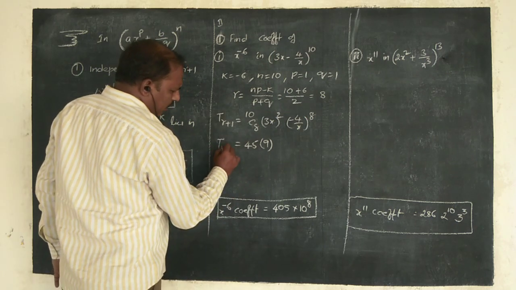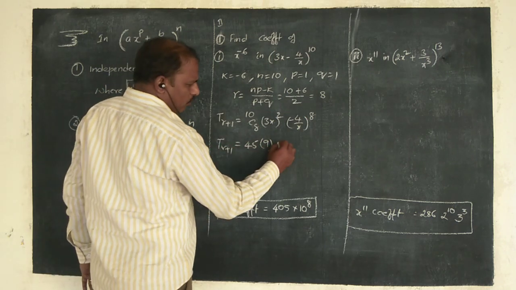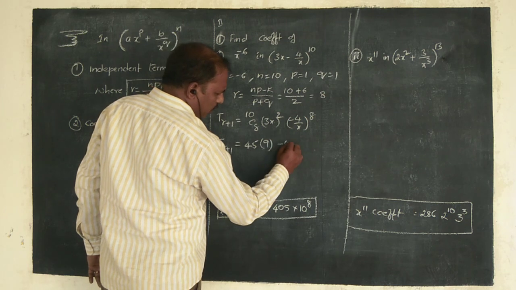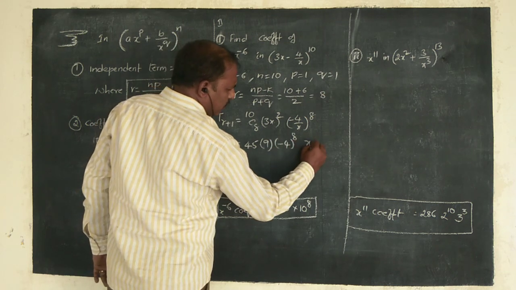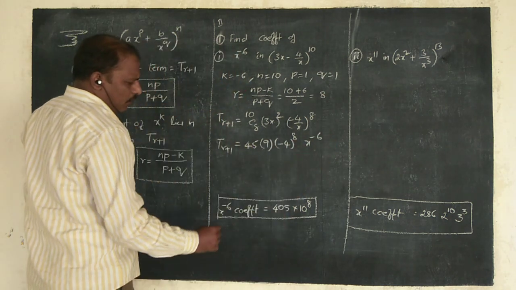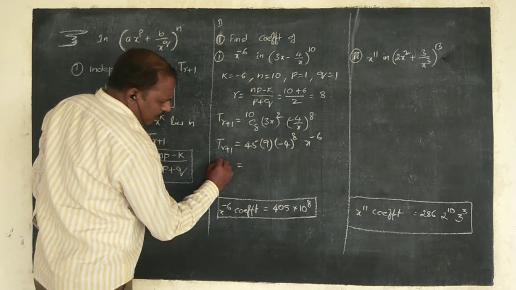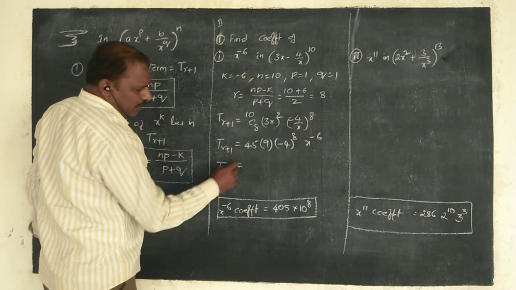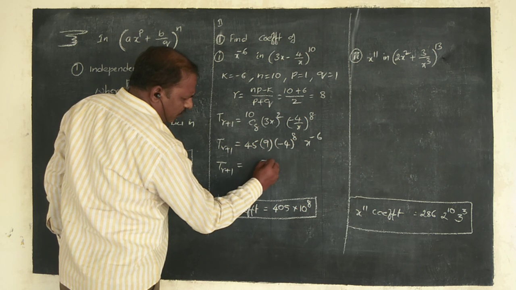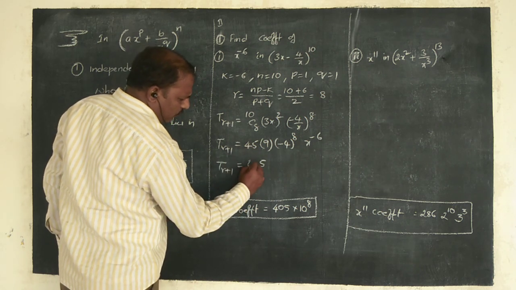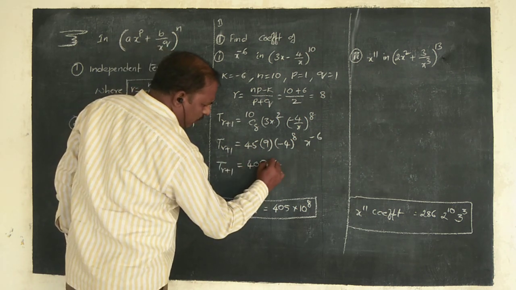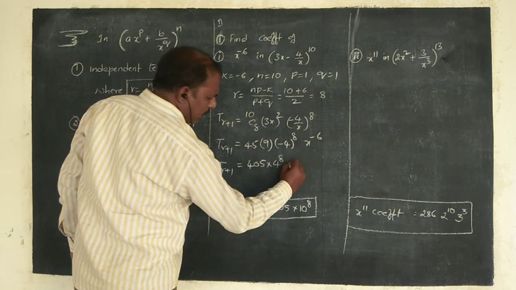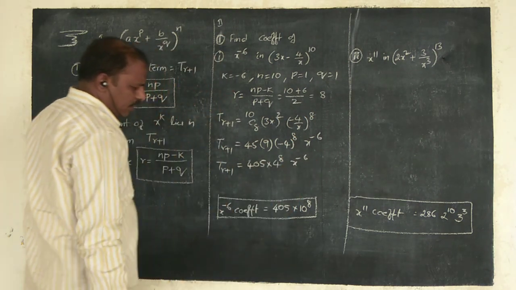So there is Tr plus 1th term, into minus 4 whole to the power of 8, into x to the power of minus 6. So I can write Tr plus 1th term as 5 9s are 45, 405 into 4 to the power of 8 into x to the power of minus 6.